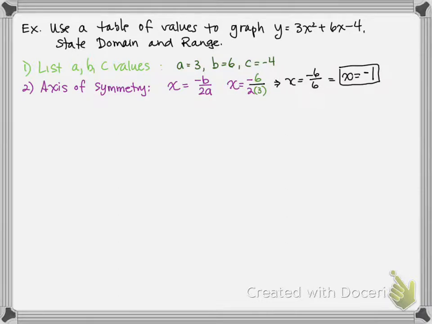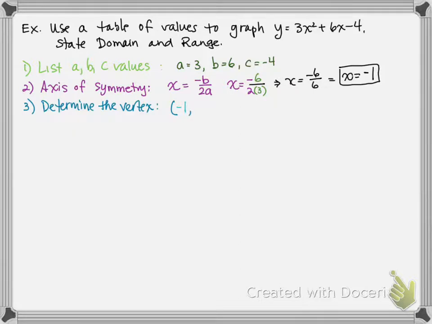So that's your next step, is determine the vertex. So we are going to take our equation, and we already know that the x-coordinate of the vertex is -1, because we just calculated that.